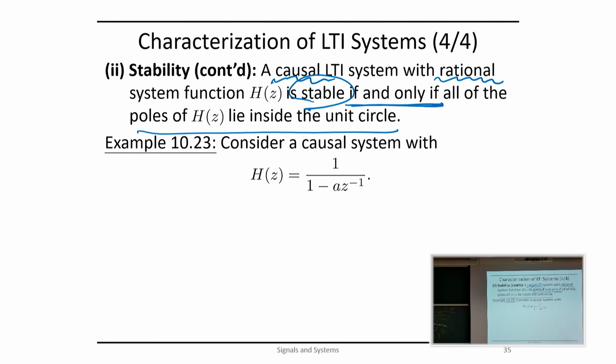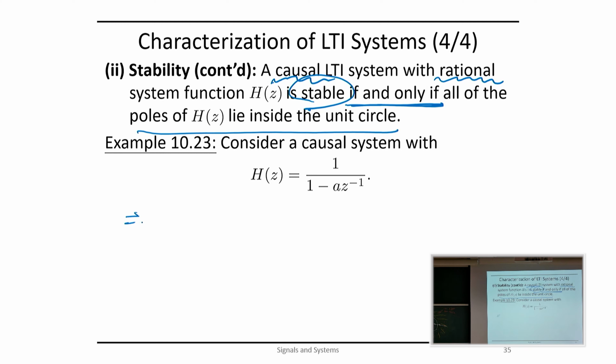This is a simple example. For this example, you have a pole at A. If the system is causal, then this must be right-sided, meaning that the region of convergence is outside of the circle corresponding to A. So if you want the system to be stable, A must be less than 1.